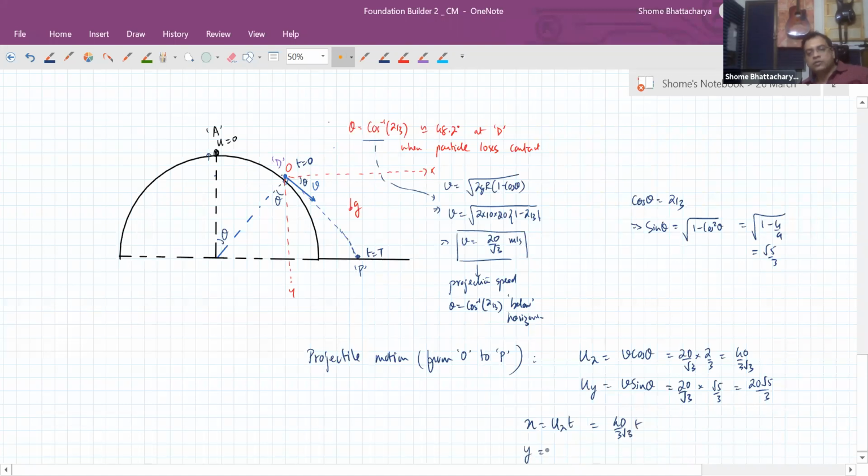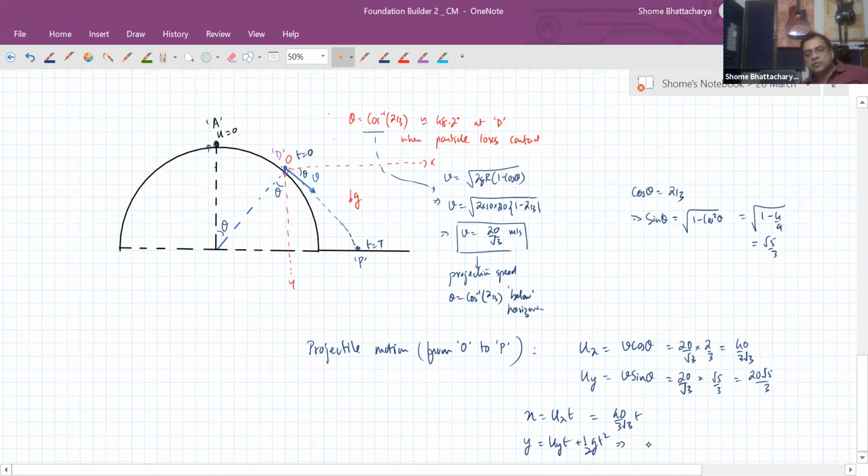And the y component of displacement is uy t plus half g t squared. So that is this. This is the y component of displacement.